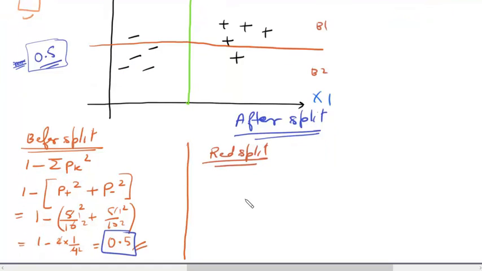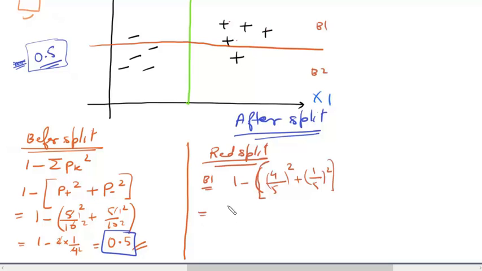First I will calculate the Gini index for bucket 1. So bucket 1, what is the Gini index? It is 1 minus. Now the proportion of plus in bucket 1, how many pluses do I have? 1, 2, 3, 4. I have 4 plus in bucket 1, and in total I have 5. So 4 by 5 whole square, plus I have 1 minus, so 1 by 5 whole square.